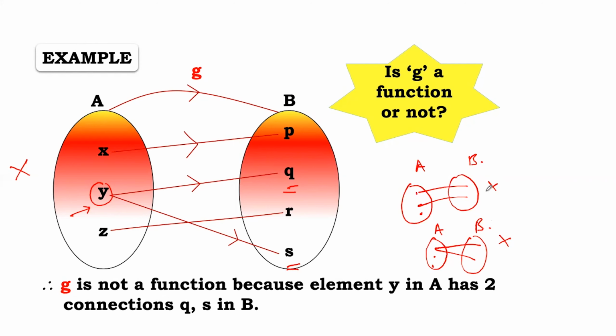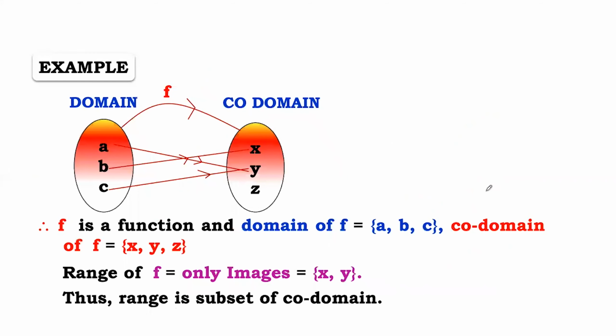Okay, now domain, codomain, and range. See, this is set A, let this be set B, mapping from A to B under the function f. A is giving you Y, B is giving you X, and C is giving you Y, right? Don't get confused with Y taking two values again.